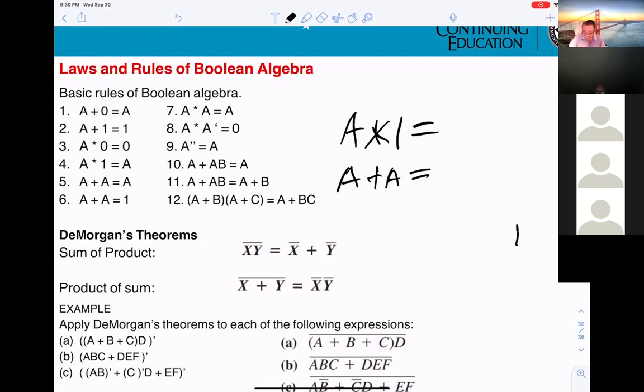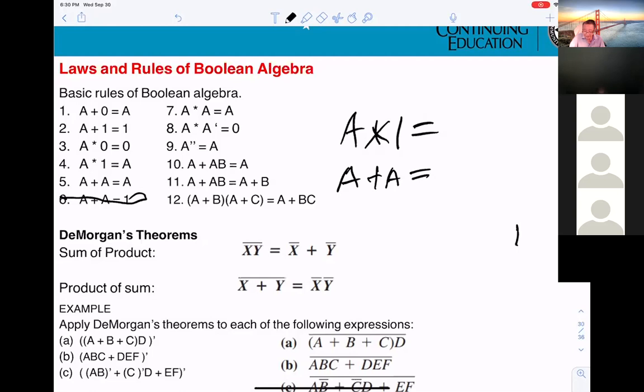Okay, now we get number 5 right now, right? A or A, answer will be A. Number 6 is duplicated, and that's wrong. Delete number 6. A or A cannot be equal to 1, it is equal to A. So delete number 6. Nothing to do with that guy.